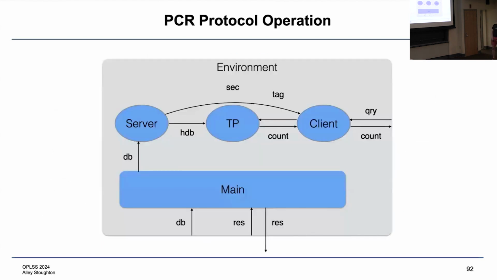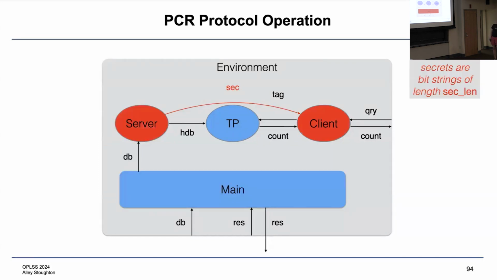Okay, so here's how the protocol works. We've got the three parties. We've got a driver called main. We have an environment, which is the rest of the world, providing the database and the queries and consuming the results. So what does the protocol do?